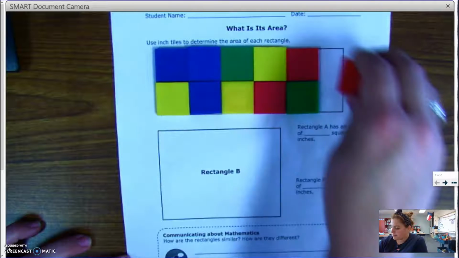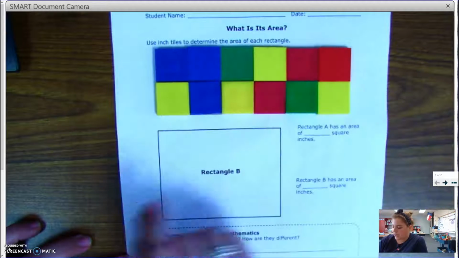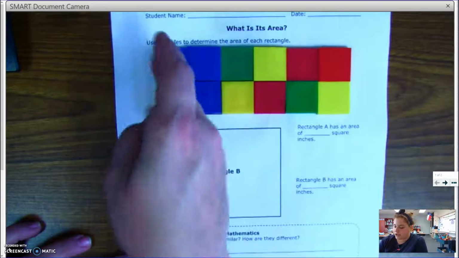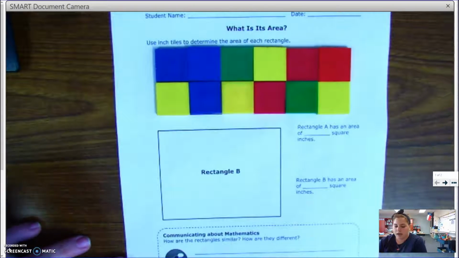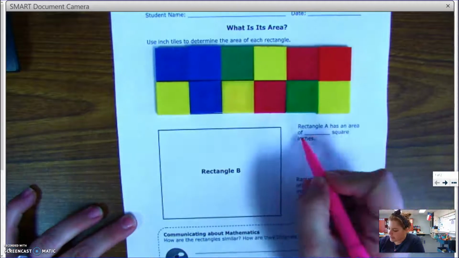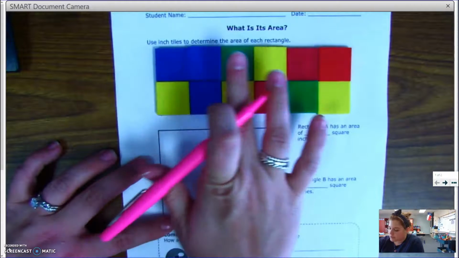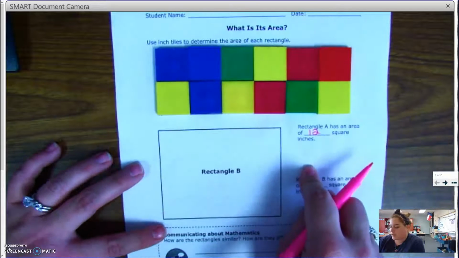And one last time. I can see that there's 2, 4, 6, 8, 10, 12 are the area of our rectangle. Rectangle A has an area of 12 square inches.